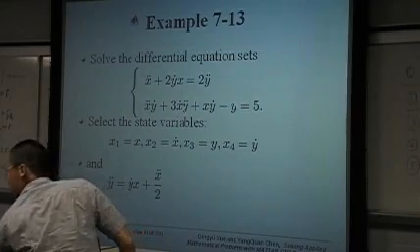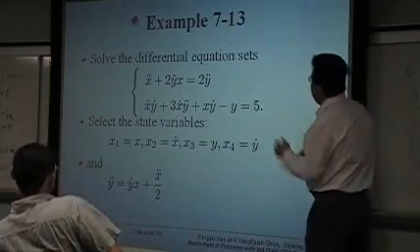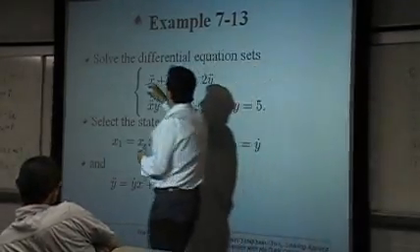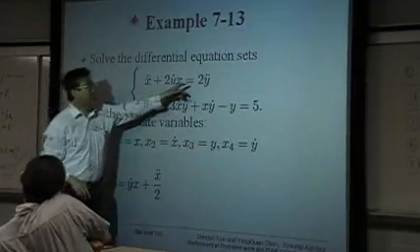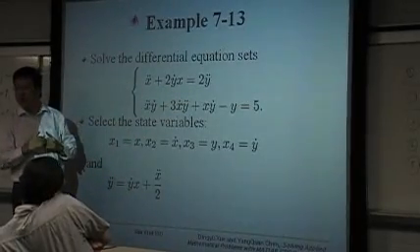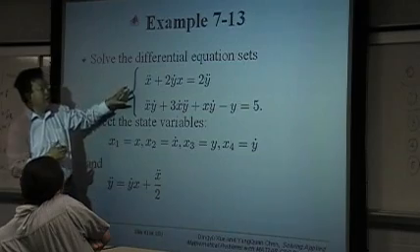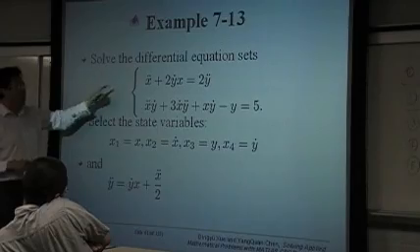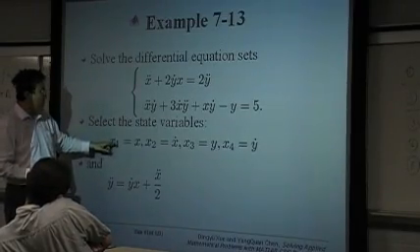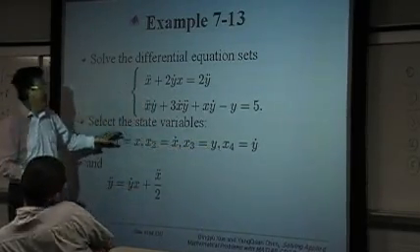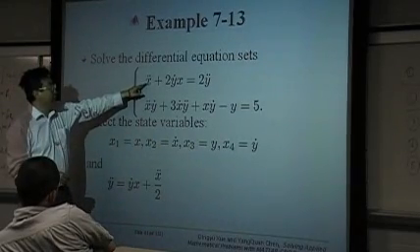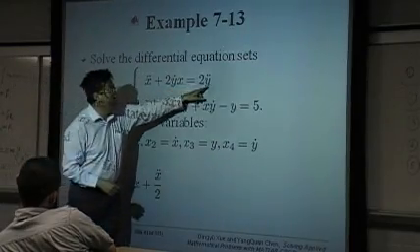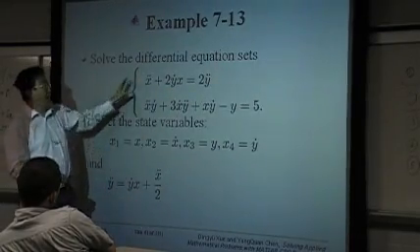So how can we solve this kind of equation? In this equation, we see that we have the highest order of x and y in the same equation. It is not the same as the previous one I used. In this case, we can still select state variables like this, and then this one will be x2 dot and this one will be x4 dot, and the other terms are known.